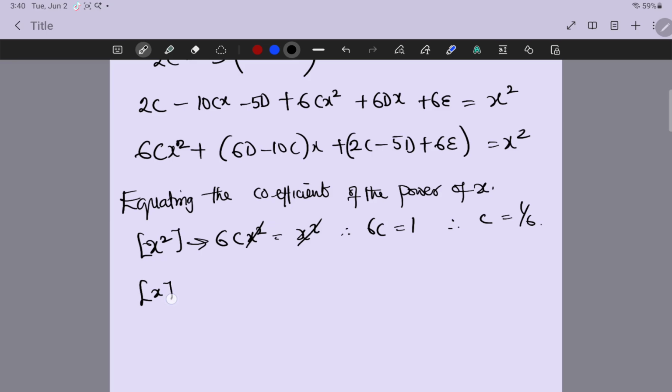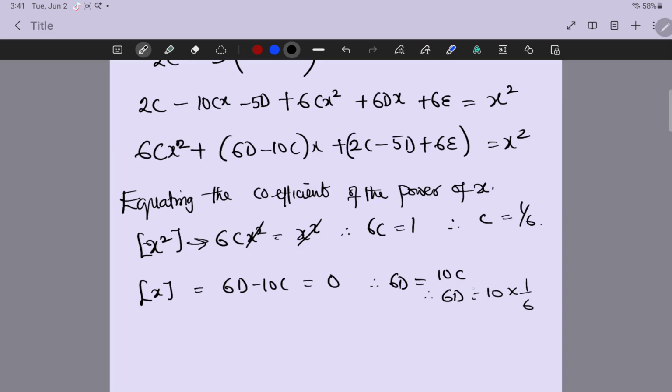Now for that of x, we have 6d minus 10c is equal to 0, because there is no x term on the right. But remember that c is 1 over 6, right? It means that 6d is equal to 10c, so 6d is equal to 10 multiplied by 1 over 6.